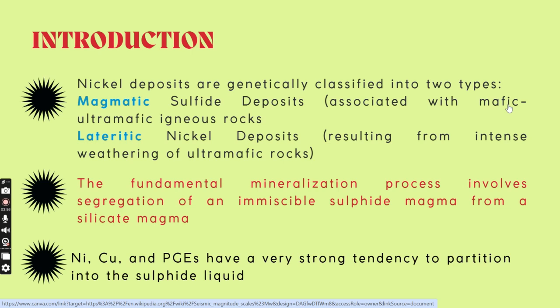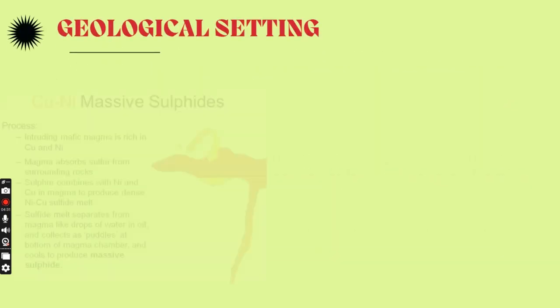And since this sulfide rich magma in reducing condition preferentially attracts heavy elements like nickel, copper, and platinum group elements like platinum and palladium, they are heavy and settle down below, while the silicate rich magma tries to go upward. So nickel, copper, and platinum group elements have a very strong tendency to partition into sulfide liquids, as I have mentioned.